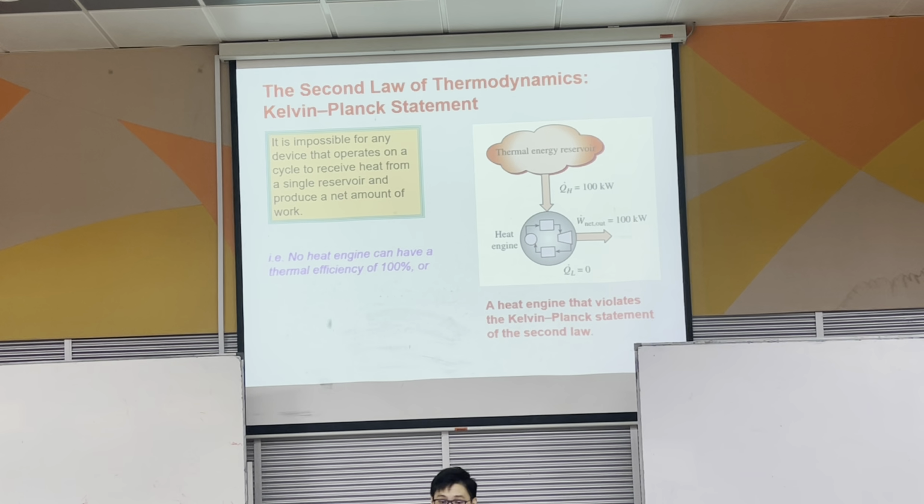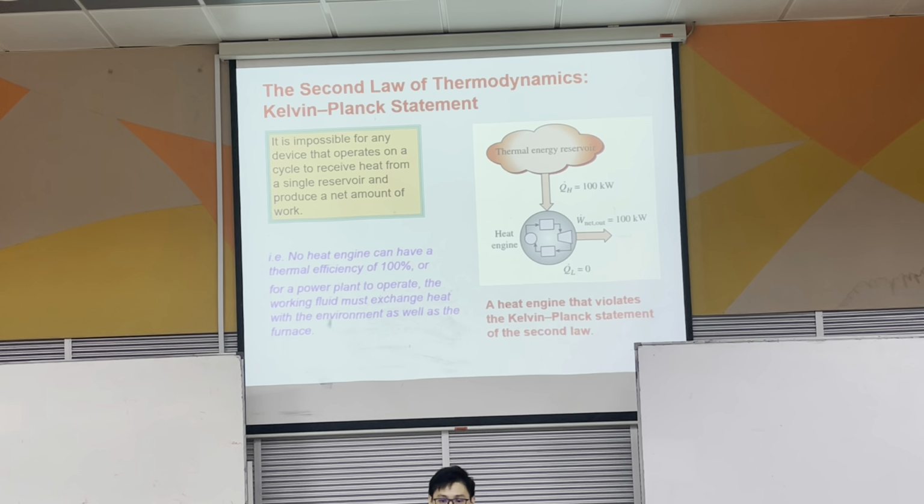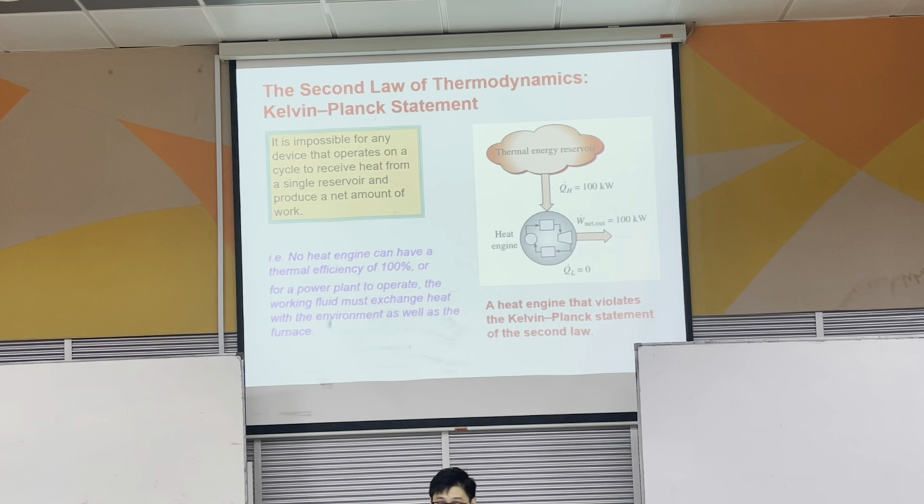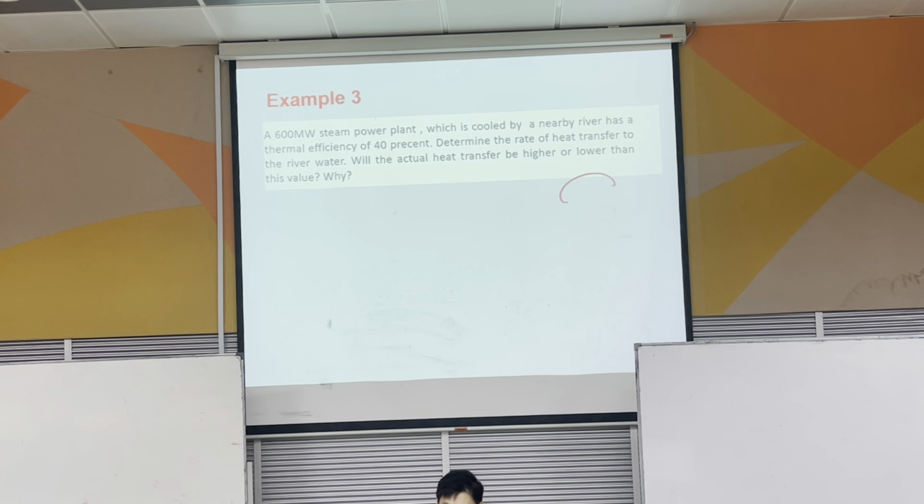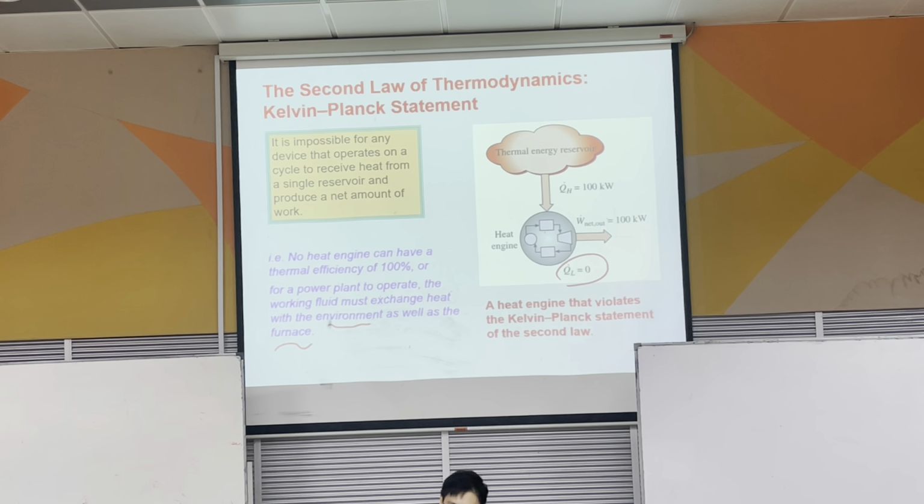So no heat engine can have a thermal efficiency of 100%, or for a power plant to operate, the working fluid must exchange heat with the environment as well as the furnace. The environment part here, we are talking about this one, while the furnace, we are talking about this. So that is the limitation of this case.